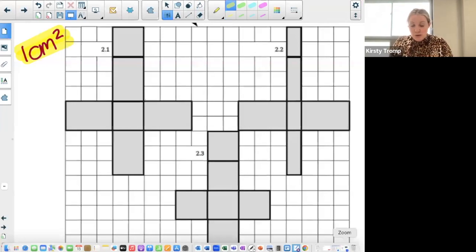So 4 minutes to do 2.1 and 2.2 to calculate the surface area of those two shapes. 3 minutes, guys.